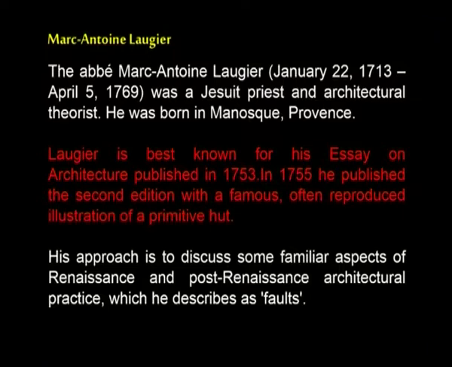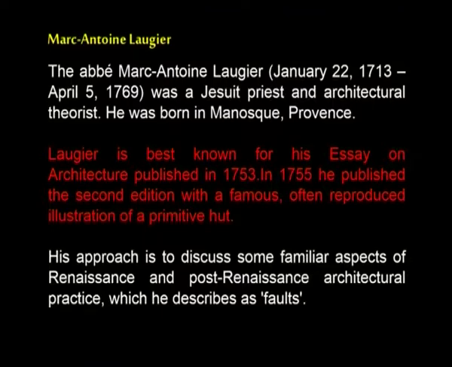Marc Antoine Laugier lived between 1713 and 1769, and was a Jesuit priest and architectural theorist. He was born in Manosque province. Laugier is better known for his essay on architecture published in 1753. In 1755, he published a second edition with the famous, often reproduced illustration of a primitive hut.